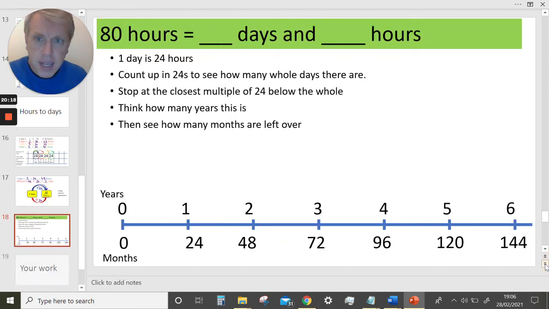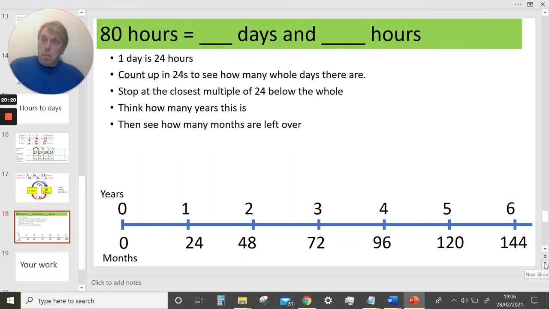And when we get to bigger numbers, I don't want to have to draw 80 circles. Now I think I definitely just want to be counting up in my 24s. So I've written my number line here. 24. That's 1 day, isn't it? Oh, sorry, I must change this.